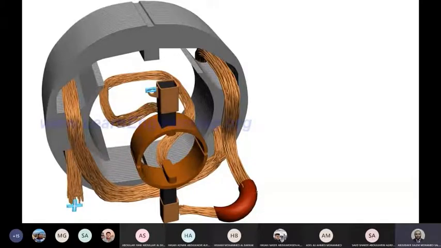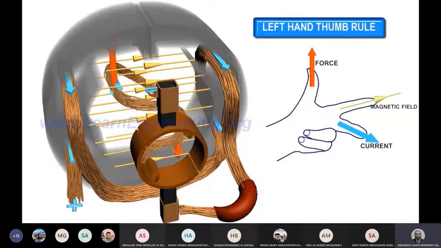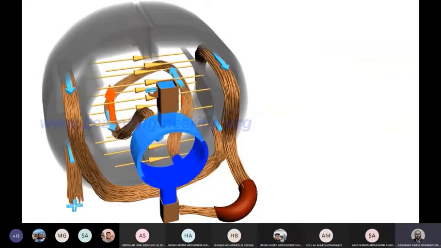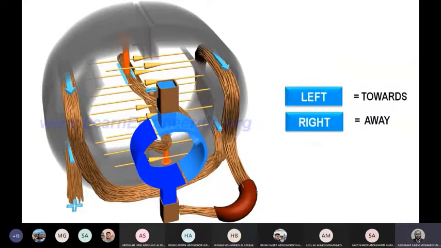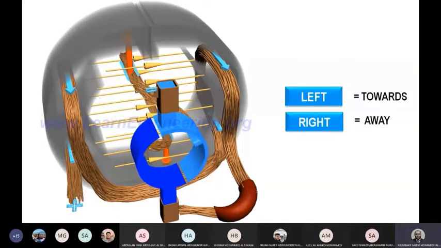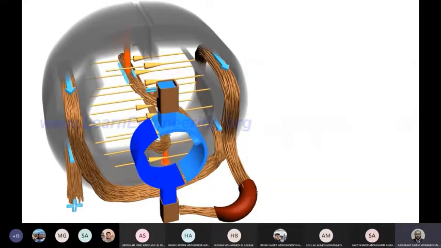When connected to a DC power source, they work just like a DC motor. With the help of commutator rings, a unidirectional current is always made to flow through the left and right side of the coil. Thus, the torque action is always unidirectional and the rotor continues to rotate.